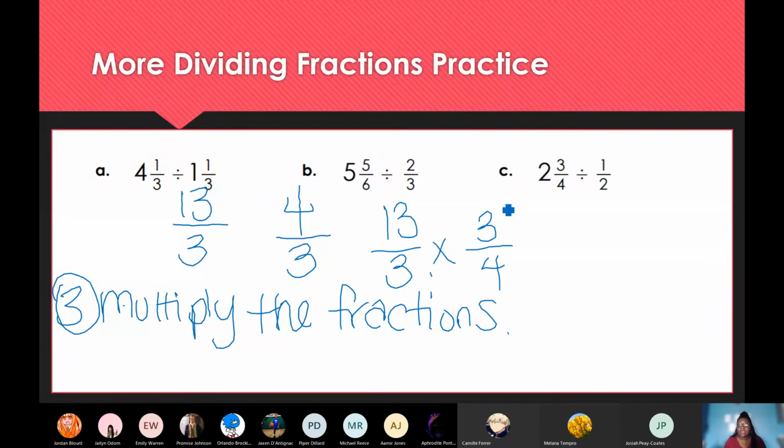What is 13 times 3? Remember, we're not using a calculator. If you were sitting in my classroom, I could watch you, but resist the urge to use a calculator, guys. 13 times 3 is going to be what? 39.